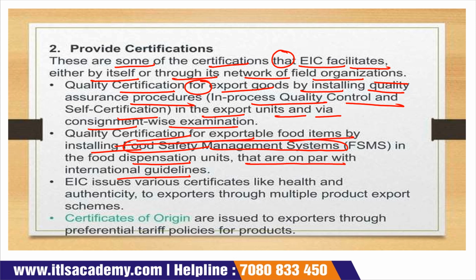Okay, and this FSMS is according to the international guidelines. EIC also issues various certificates like health and authenticity certificates to exports through the multiple product export scheme. Certificates of origin are issued to exports through the preferential tariff policy for the products.